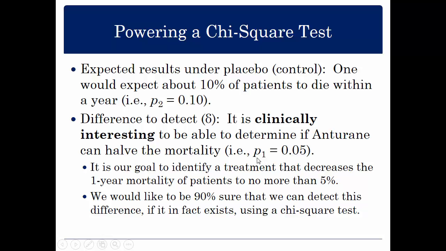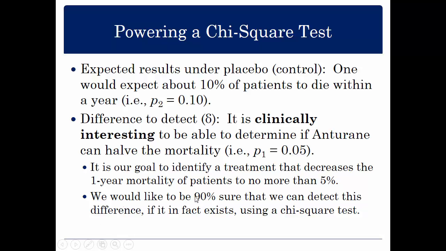In other words, we want to be able to detect if the mortality rate drops down to 5% or lower. So this is like an upper bound on the expected mortality rate in our treatment group. In English, it's our goal to identify a treatment that decreases the one-year mortality of patients to no more than 5%, which is half of what we would expect in patients who are treated with a placebo.